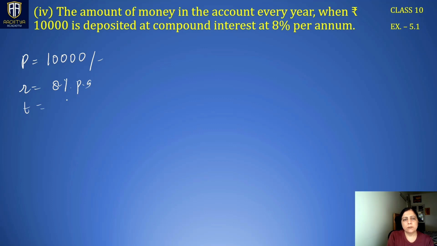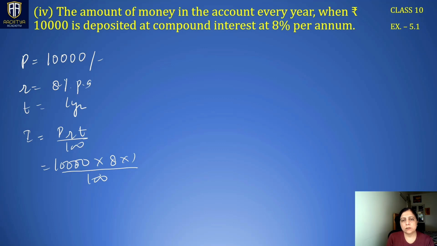So if we take time as 1 year, the interest is calculated as simple interest, which is PRT upon 100. That means 10,000, rate is 8 and 1 upon 100. So interest in this case is 800 rupees.